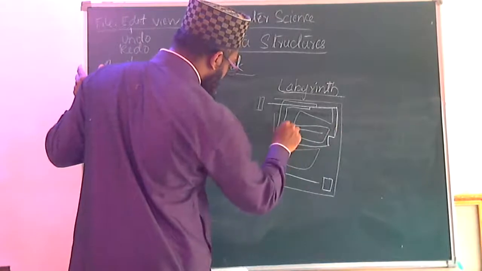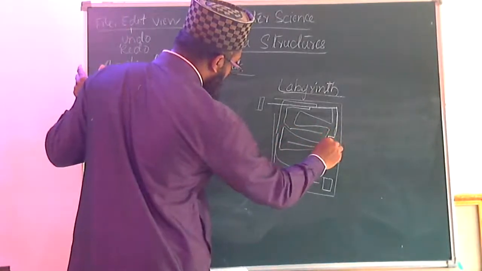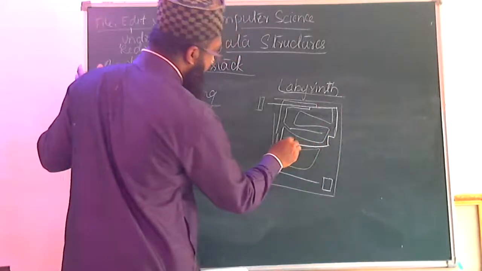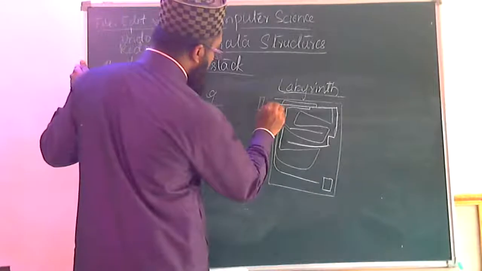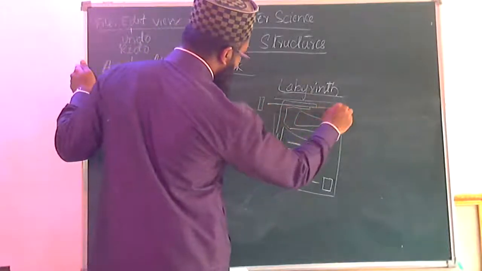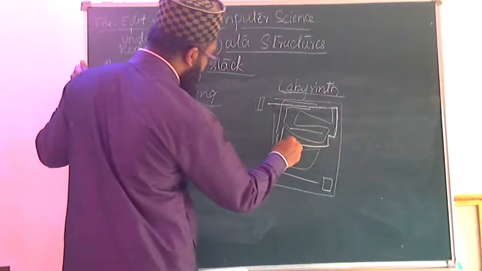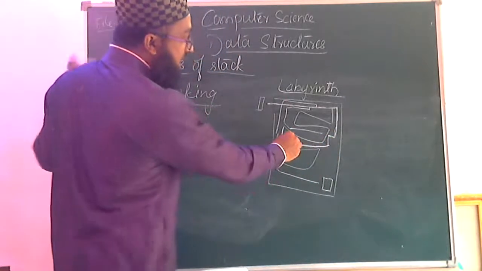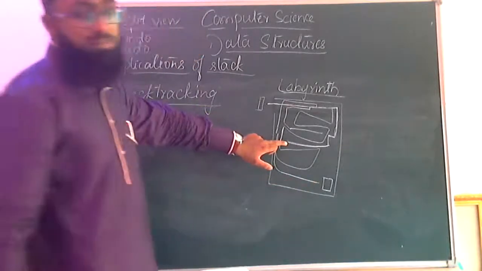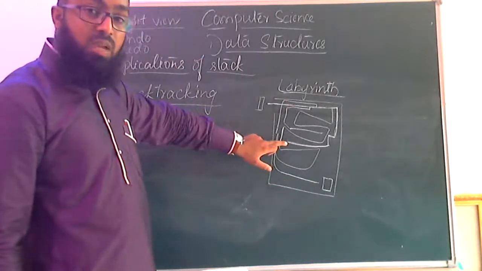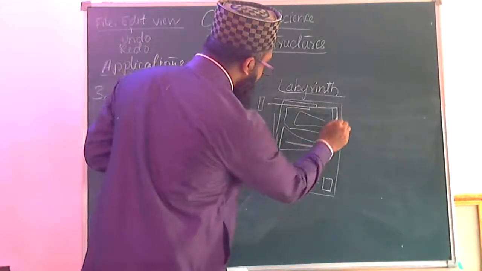Finally, by following this route, he will come and stop in this position. He will come to its end, and from here he is not finding any route to reach the item. Then at that time, what will he do? Again, he has to go back by the same route.